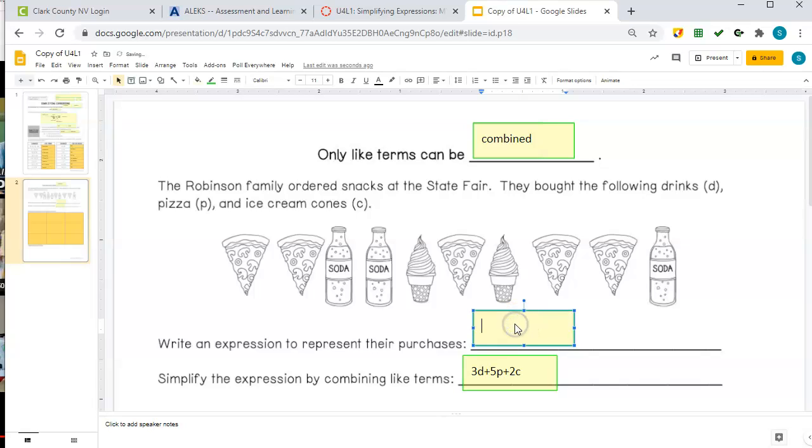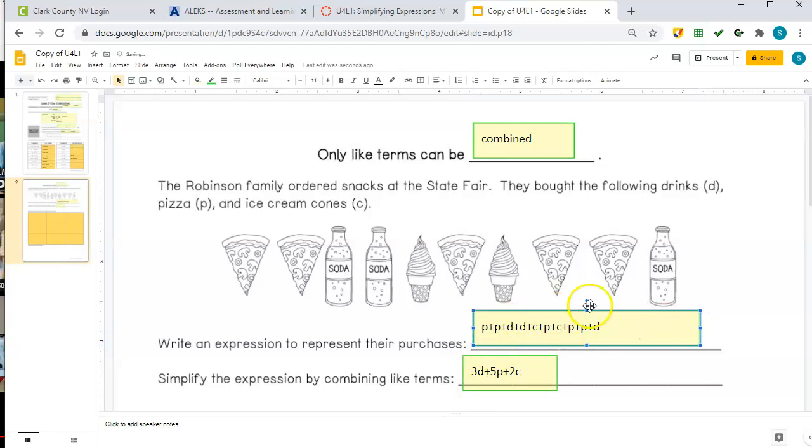So originally we could have written P plus D plus C plus P plus C plus P plus D. Alright, so there's our expression where we've just sort of put everything in order.